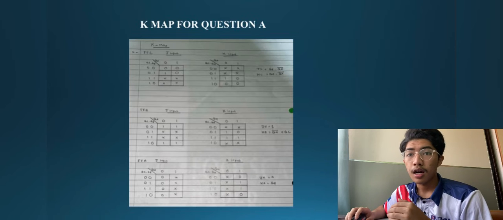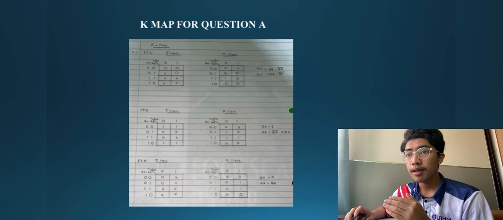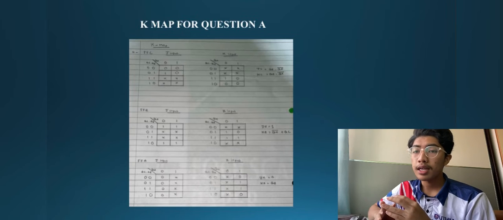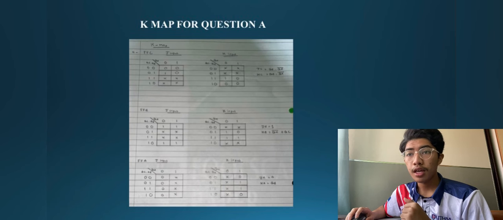And then for FFB, we got JB equal 1, and KB equal QA bar plus QC. For FFA, we got JA equal 0, and KA equal QB.